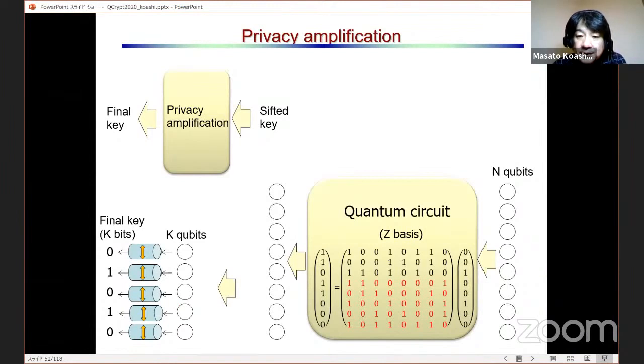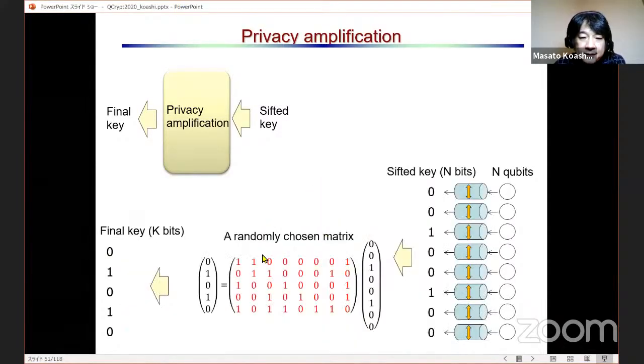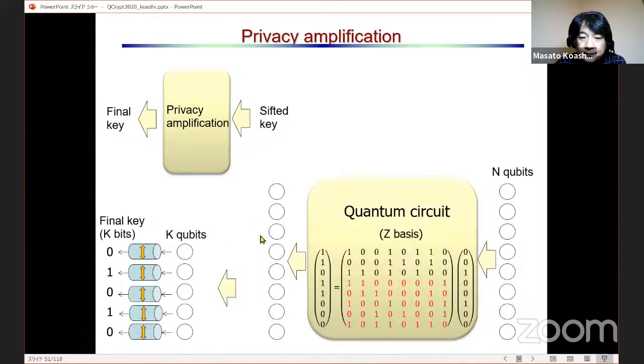So we can easily create the quantum circuit here. Then we just discard these qubits and only look at the k qubits here and make a measurement in the Z basis. Then we obtain the final outcome here. So this is equivalent to this, okay?